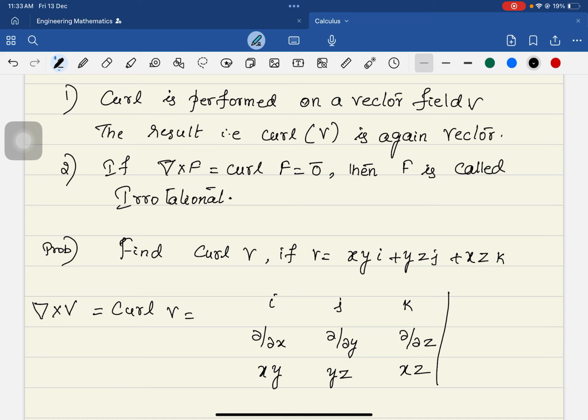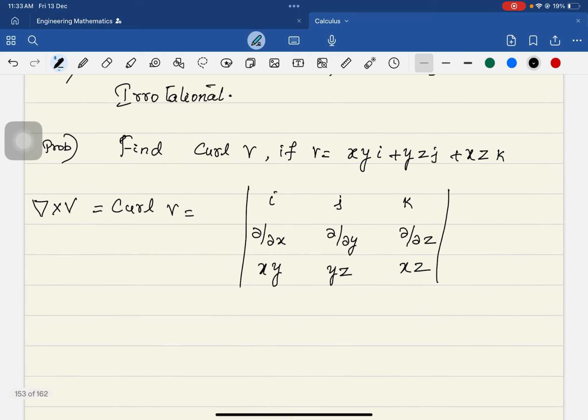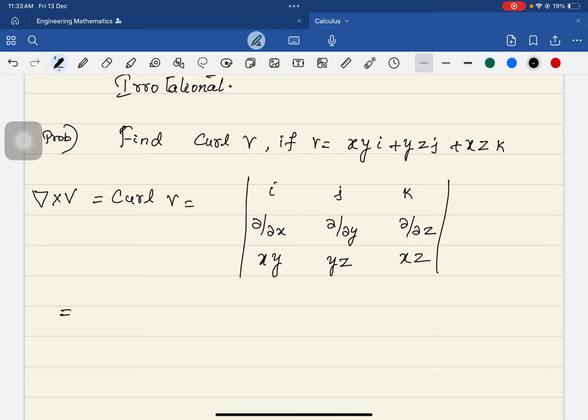Now we are going to find the determinant of this. How do we find the determinant? Take i and the second and third columns, so that is ∂/∂y and ∂/∂z, then yz and xz.